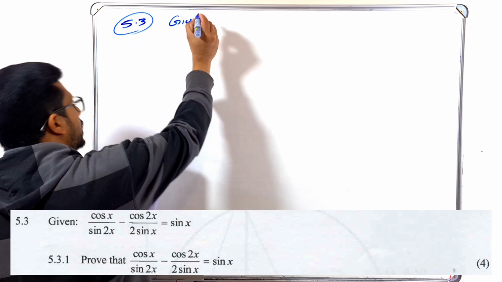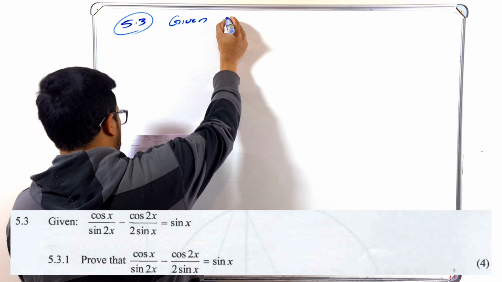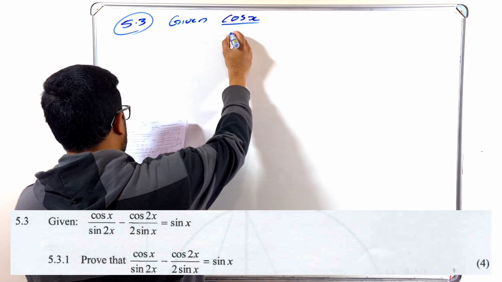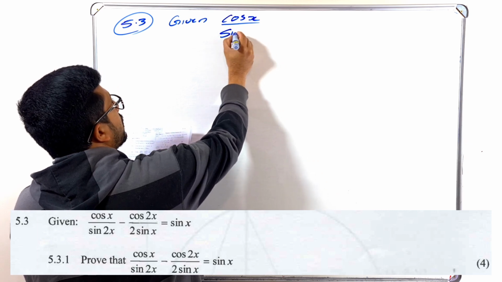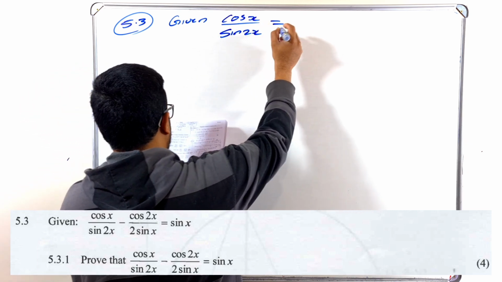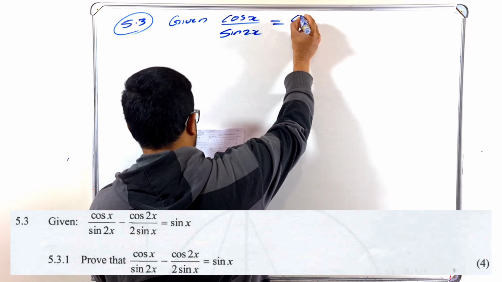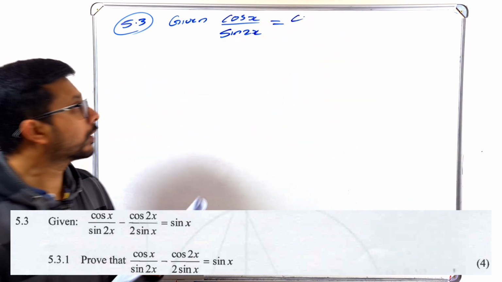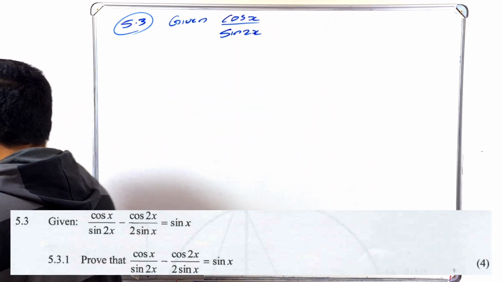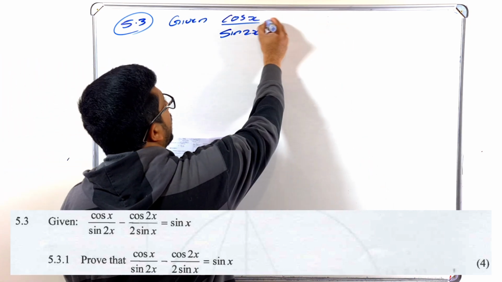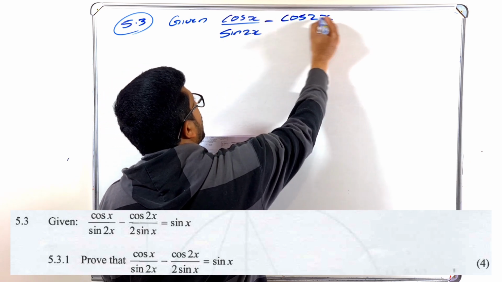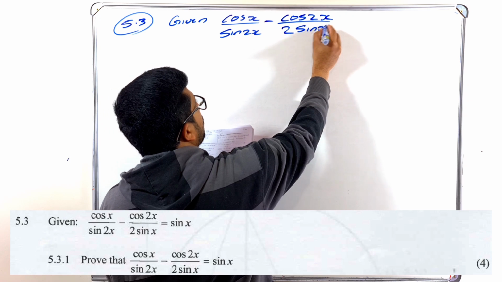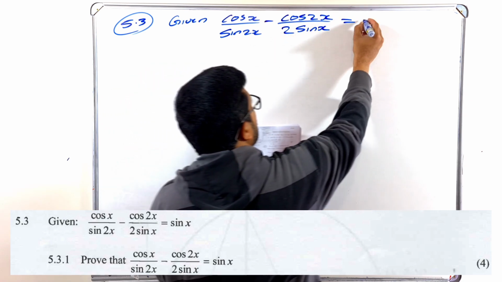It is given that cos x divided by sin 2x minus cos 2x divided by 2 sin x is equal to sin x.